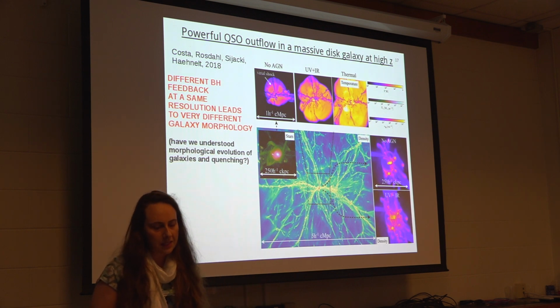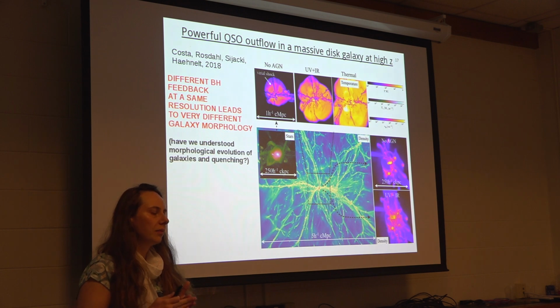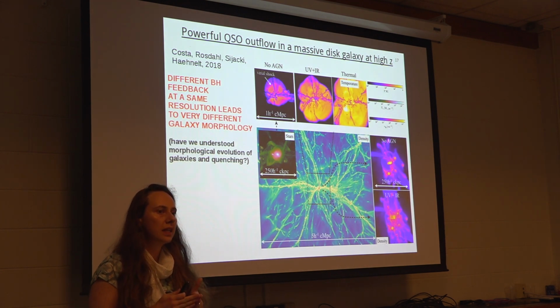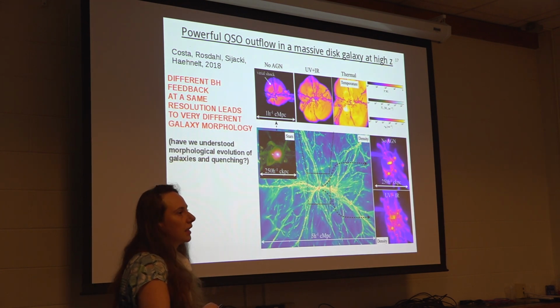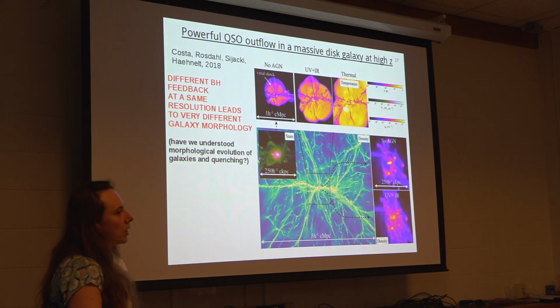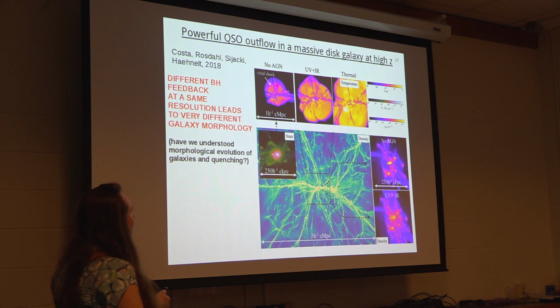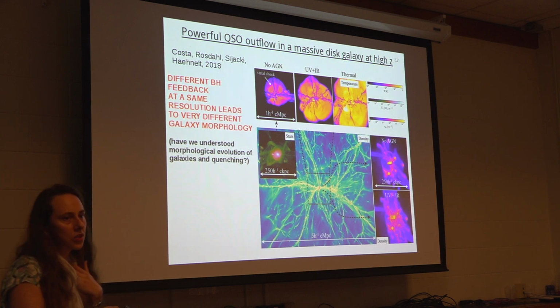People have worked on that intensely analytically, but there is only so much that you can do with analytics when you have messy objects like this. So what Tiago has done here, he has performed the simulation 3 times, one without AGN feedback, and if you focus on these top plots, you're just showing the temperature maps, you can see the gas is hot just because of virialization.